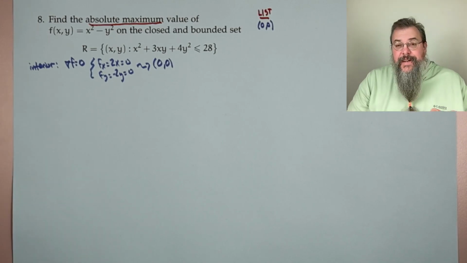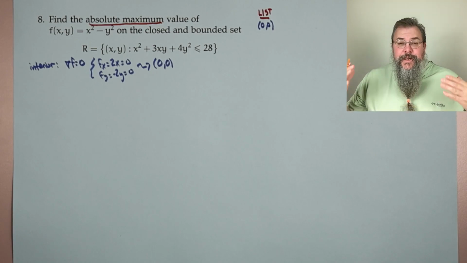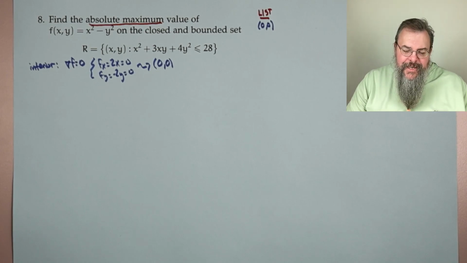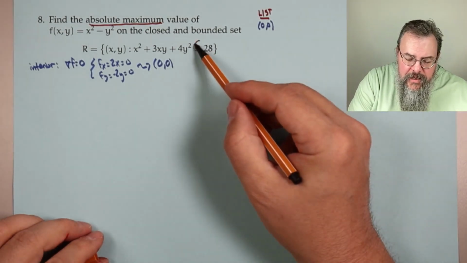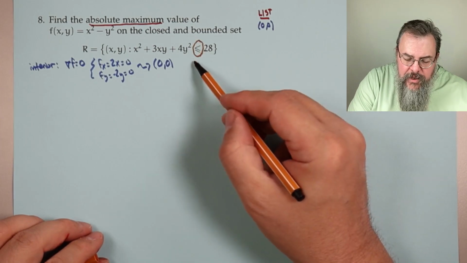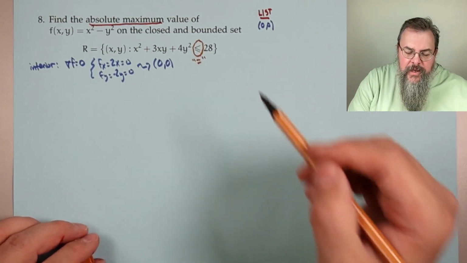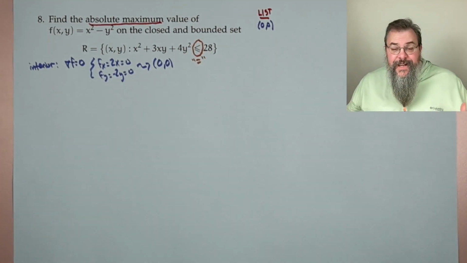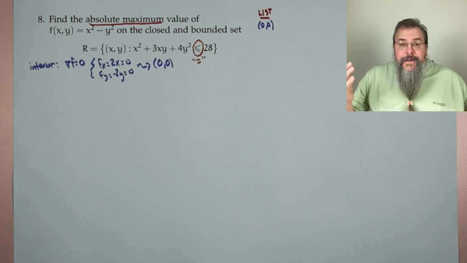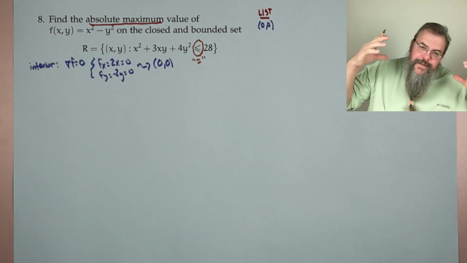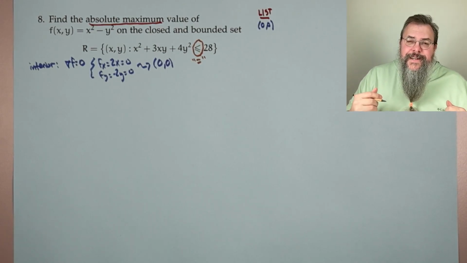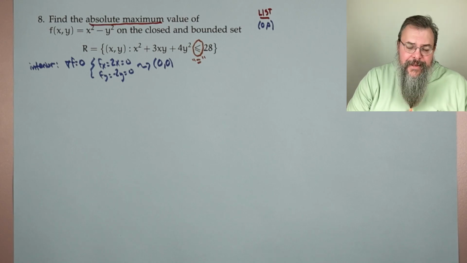And here things are getting interesting. Because our boundary is what? Where our boundary would be if instead of less than or equal to, we had equals here. And that's not a straight line. We've already said what it is. It's this ellipse, but it's been tilted. So how do we handle that?